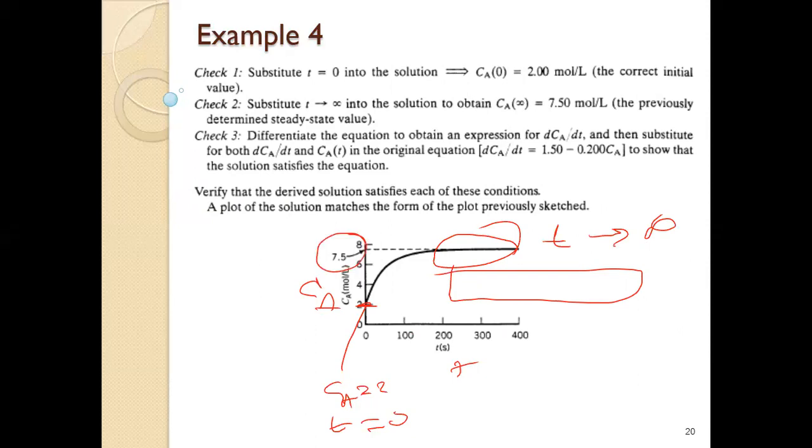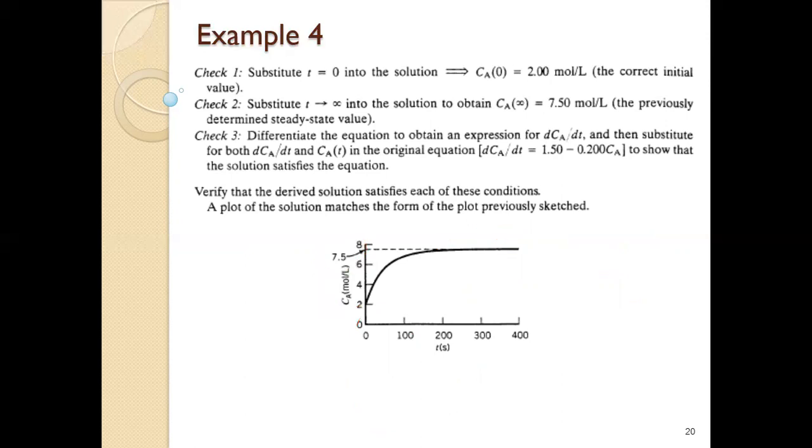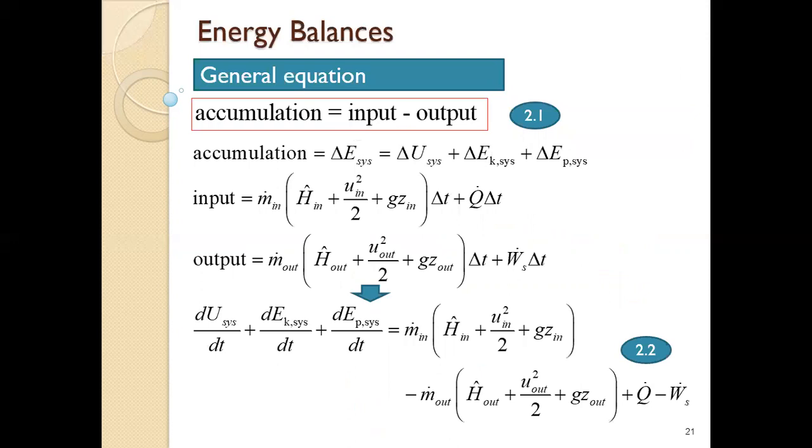This is the example of the unsteady mass balance. Again, you have to know what is the accumulation rate, what is the input, what is the output, what is the generation or consumption. Generally, the consumption is only for the exam. Okay, this is the example.